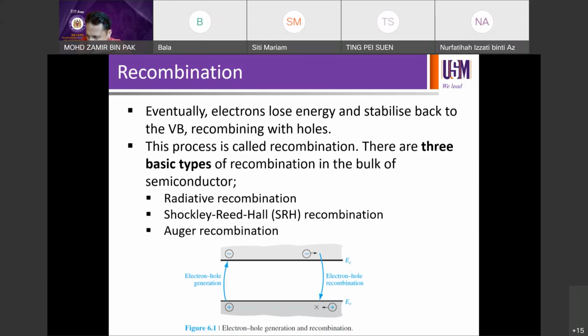And for the bad side, for the semiconductor, when we don't have the impurities, when the recombination occurs, there will be no free electrons. Okay, right, thank you. That's another perspective.